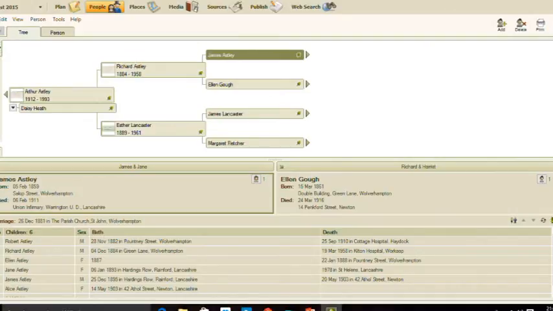It's very tempting to think that he went out and fought in the Boer War as well, but I've never been able to find any record of his service, so where he was, I just don't know.